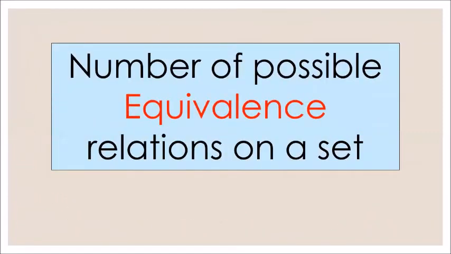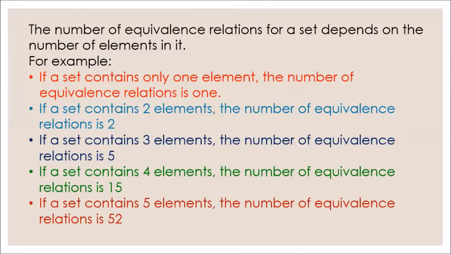Number of possible equivalence relations on a set. The number of equivalence relations for a set depends on the number of elements in it. For example, a set contains only one element, then the number of equivalence relations is 1.